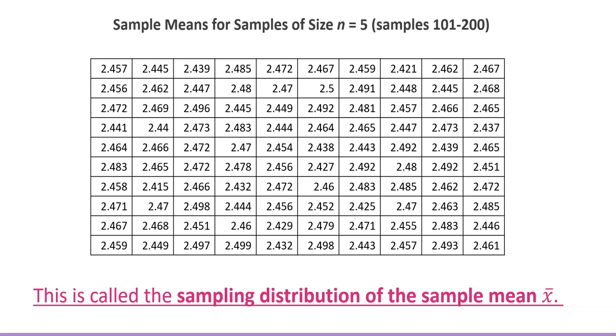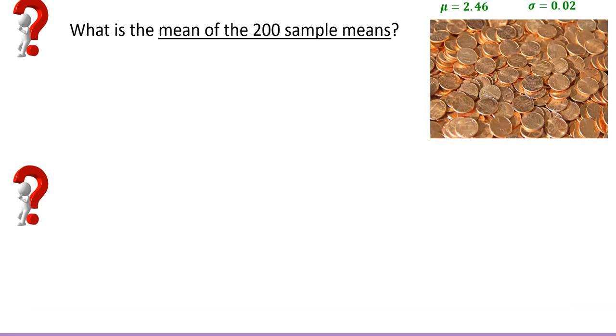As we look at this list of numbers, which are, once again, sample means from 200 different samples, it would be interesting to know, what's the average of all those numbers? It's like, what's the average of all those averages? What's the mean, in other words, of the sample mean? Here's that question: what is the mean of the 200 sample means?